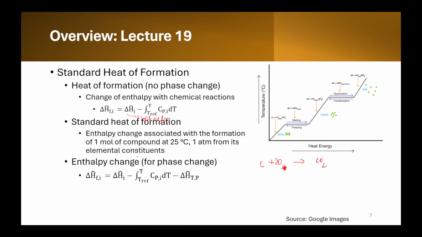So enthalpy change for phase change is given using this relation. To this previous term, we add another delta H, the specific enthalpy change at constant temperature and pressure, and this is owing to the change of phase.